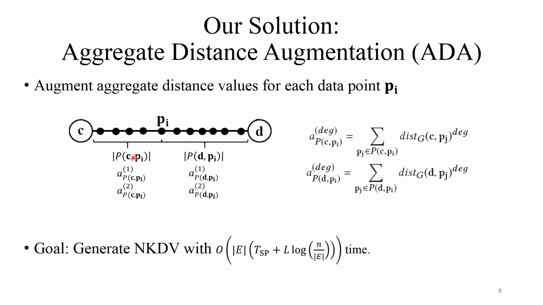Based on these aggregate terms, for each point, our paper shows that we can efficiently compute the kernel density function value for each lixel. Then we further show that this ADA method takes O(|E| times TSP plus L log N over E) time to generate NKDV. Here we omit the details for the derivation and the analysis. If you are interested in this work, you can read our paper.